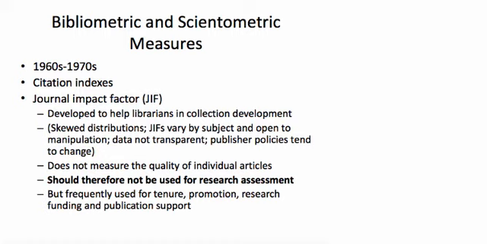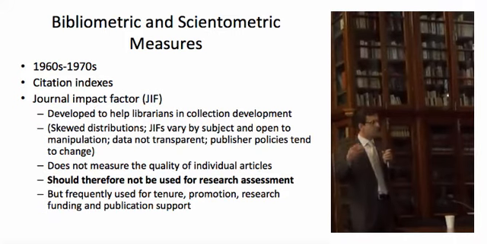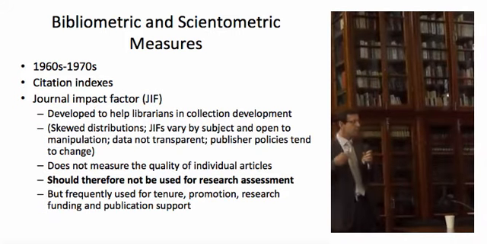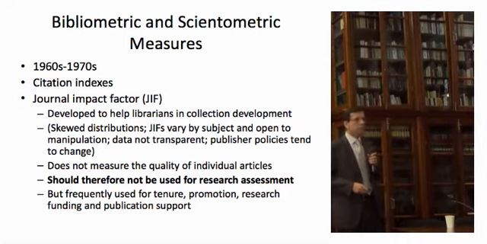They are not normal distributions. Quality of a journal as a title means that it is not okay to judge the quality of an individual paper published in that journal title.